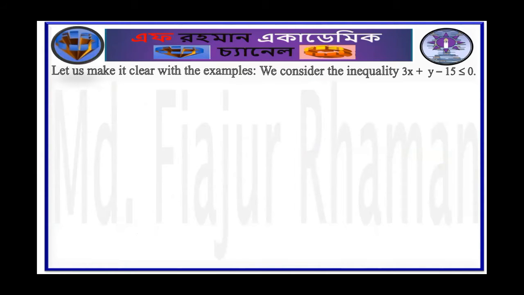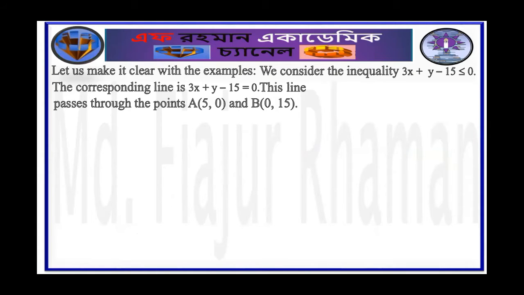We consider the inequality 3x plus y minus 15 less than or equal to 0. The corresponding line is 3x plus y minus 15 equal to 0. This line passes through the points A(5, 0) and B(0, 15). This is very simple. Find any two points on a straight line.